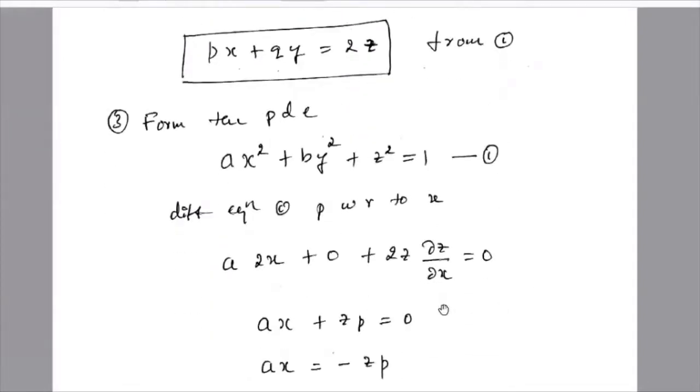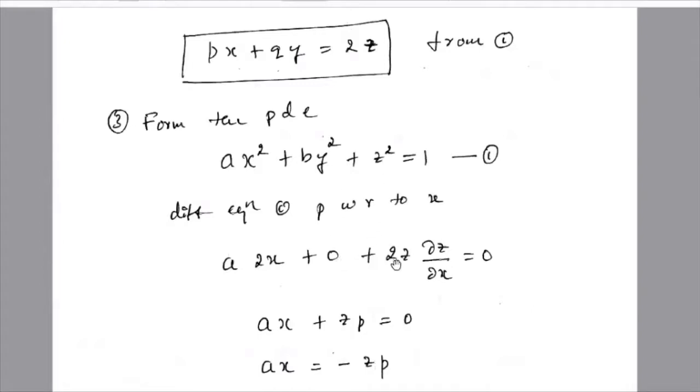Now I'll take another example. Form the PDE: a x square plus b y square plus z square is equal to 1. Differentiate equation 1 partially with respect to x. When you differentiate with respect to x, treat y as constant. So the a x square derivative is 2ax, b is constant, and we are treating y as constant, so its derivative will be 0.